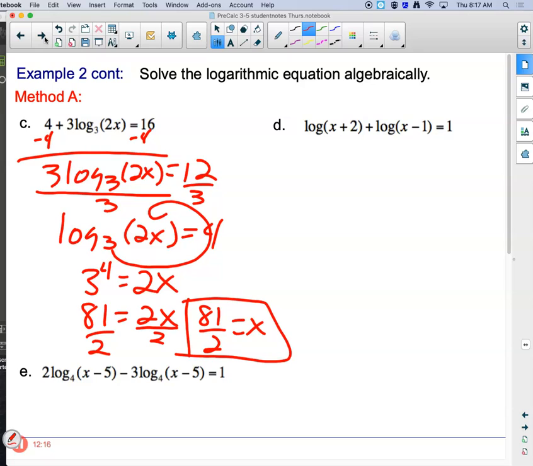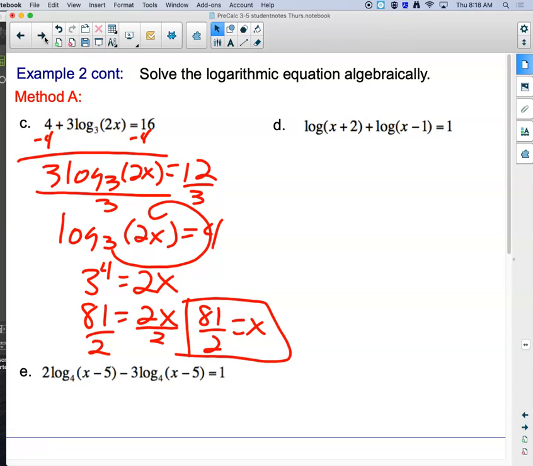Snail shell this in your head. 3 to the something is 81, and then you can multiply your answer because 3 to the 4th is 81. 3 times 4 is 12. 12 plus 4 is 16, and it works. You could also use the left side as y sub 1 and the right side as y sub 2 in your graphing calculator, and make sure that they hit each other at 81 halves. So totally checkable.